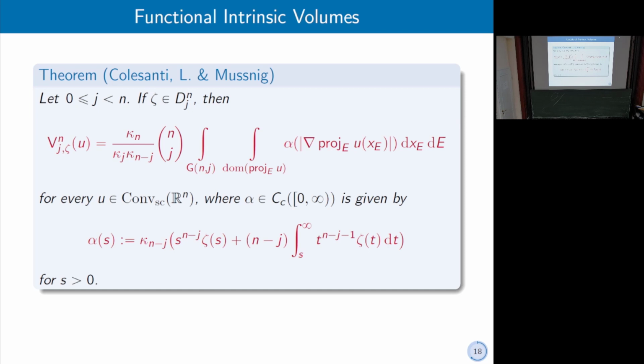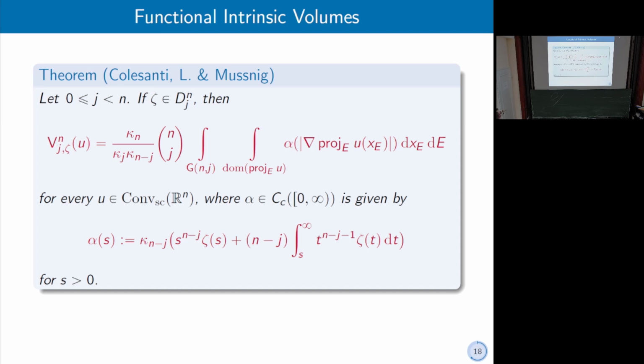And this is just both results plugged in. You get such a formula where you have to integrate over the domain of the projection of U and over the Grassmannian to get a formula for the functional intrinsic volumes.